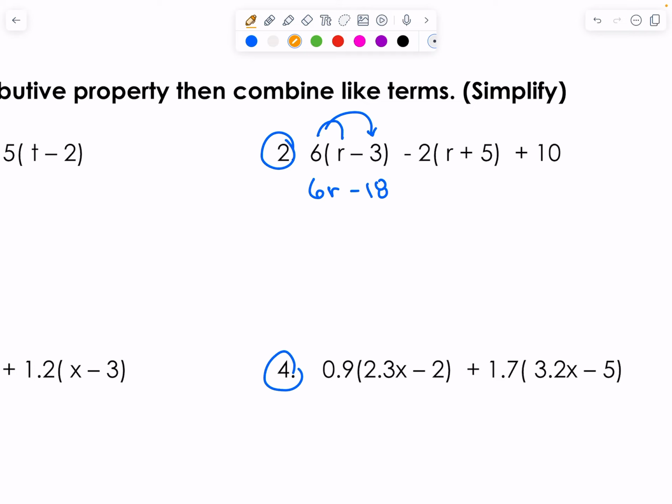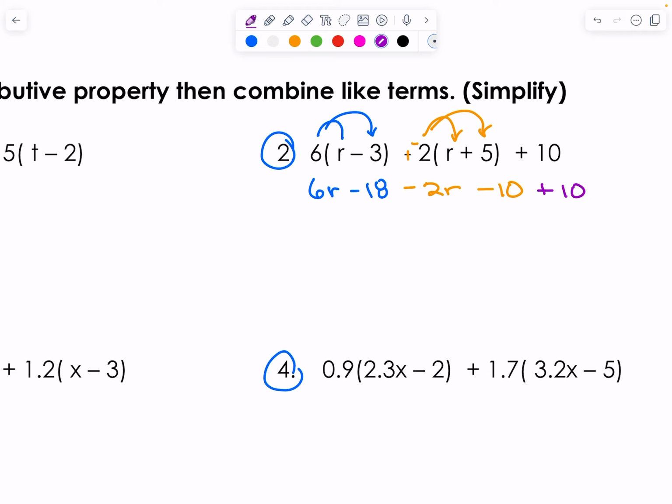You might think of that as minus 2 times r plus 5, or plus a negative 2 if you want to. Either way, I'm distributing a negative 2 to those two in the middle. So that's going to give me minus 2r minus 10. And then the very last just said plus 10, so I can't do anything with that. So I will leave the plus 10.